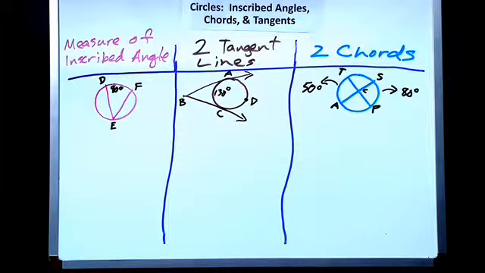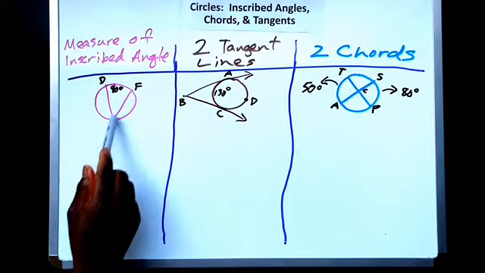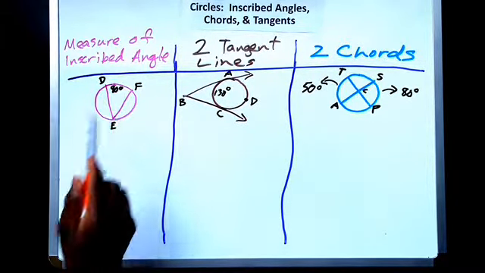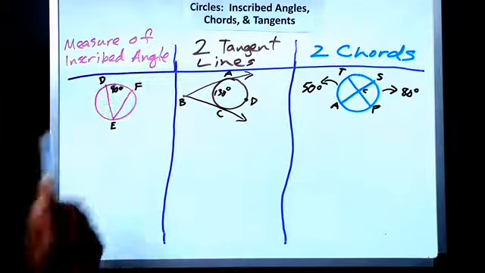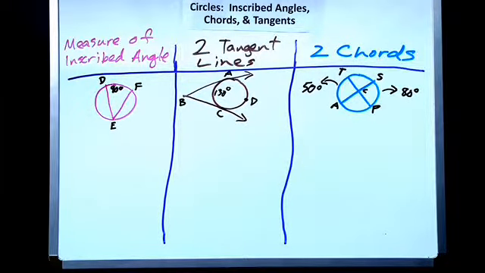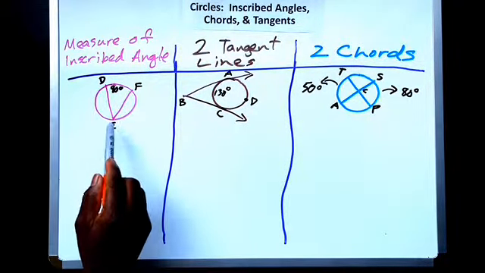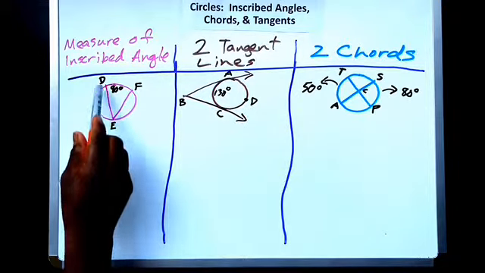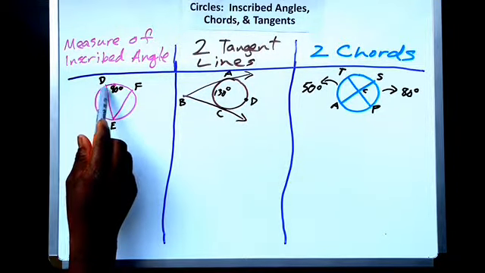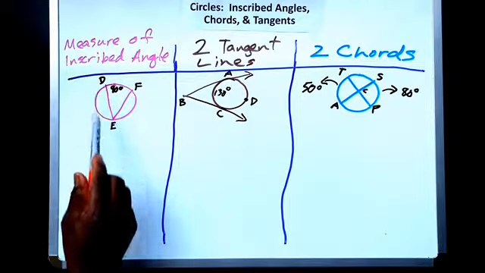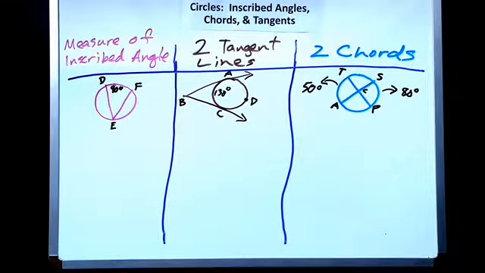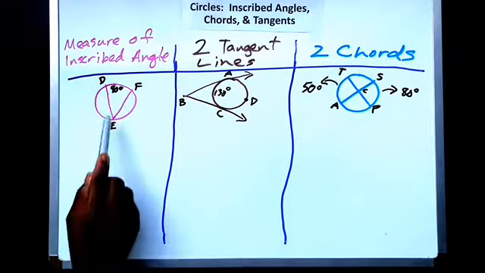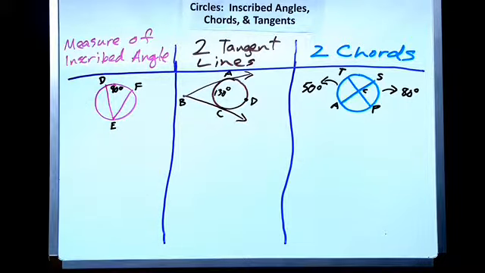So let's build a little vocabulary before we get started. Now, this angle right here, angle DEF, is considered an inscribed angle. Why? Because we have two chords that form an angle. A chord is a line segment whose endpoints are on the edges of the circle, and we have a vertex on the edge of the circle.